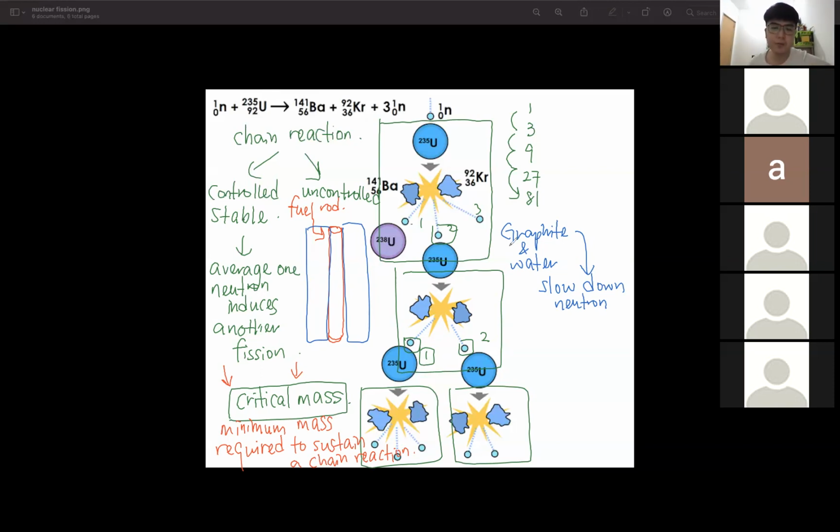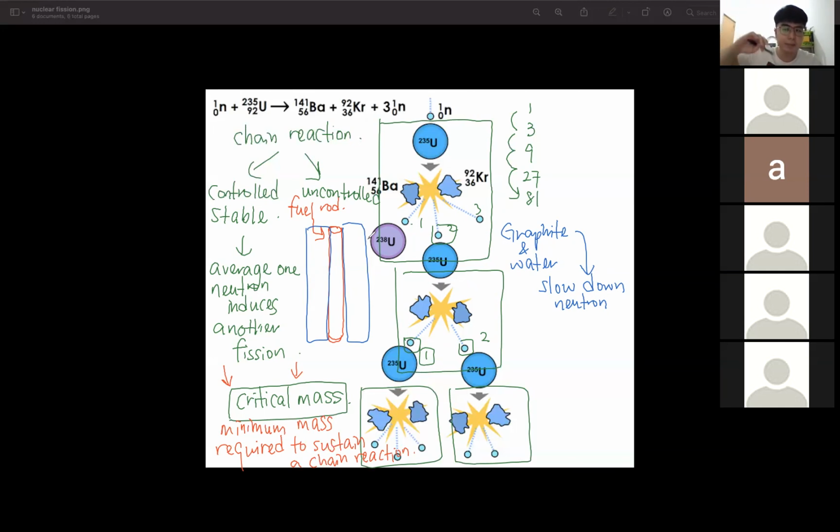So if I use graphite and water, then I can increase the accuracy, and thus I don't need that high mass of the uranium because the accuracy increases. There is higher possibility for each neutron to hit the atom. So I don't need as much mass. So the critical mass can be lowered.